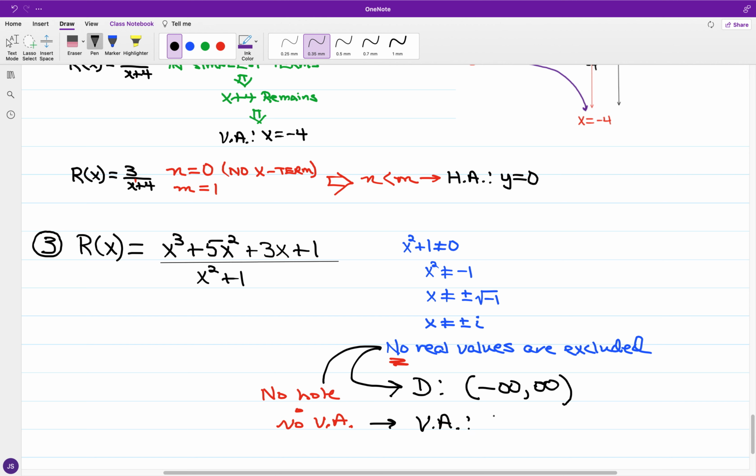So for any vertical asymptote, that one does not exist. No hole exists, and no vertical asymptote exists either.